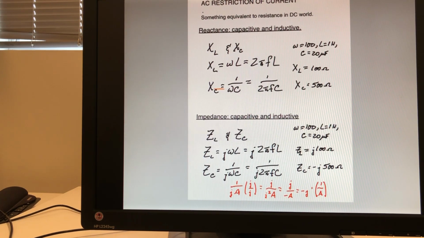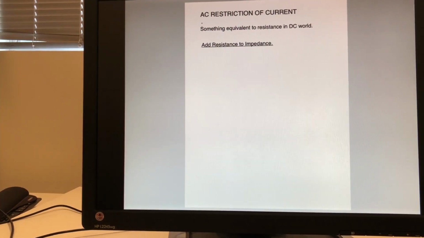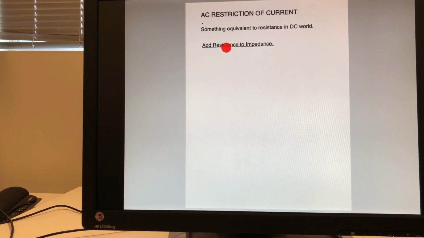Just to make sure you get that part, this is the end of the definitions of the AC restrictions on current. So what happens when we add resistance to the circuit? We want to add resistance because we've only been talking about the capacitor and the inductor.